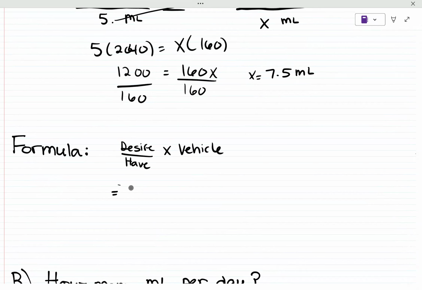Our desire was 240, our have was 160 milligrams, and our vehicle was 5 milliliters.